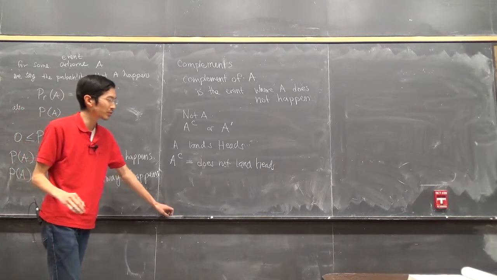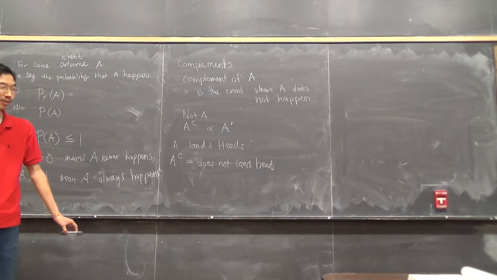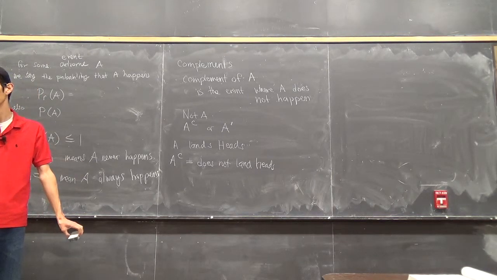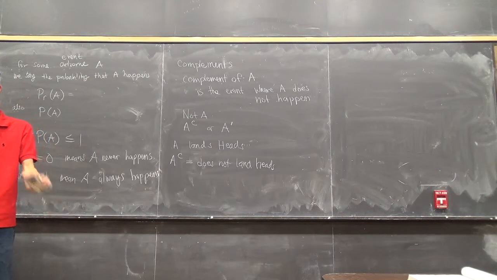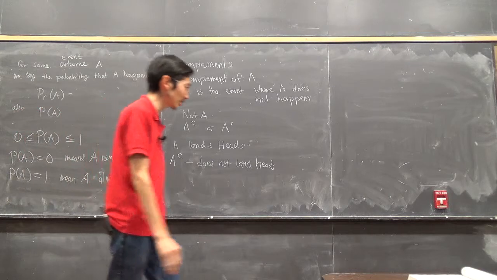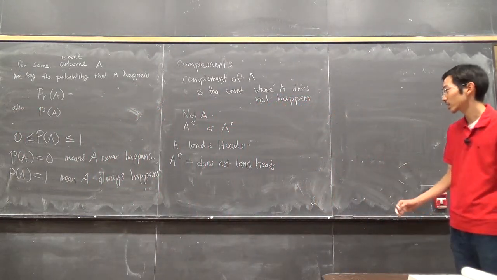But we might just simplify the world and say it's either going to land heads or land tails, and if that doesn't happen, we ignore those outcomes and limit ourselves to these two outcomes only. In that case, the complement of A is that it lands tails.